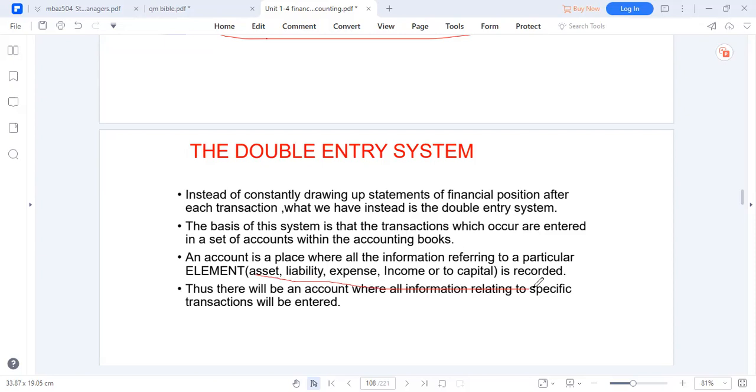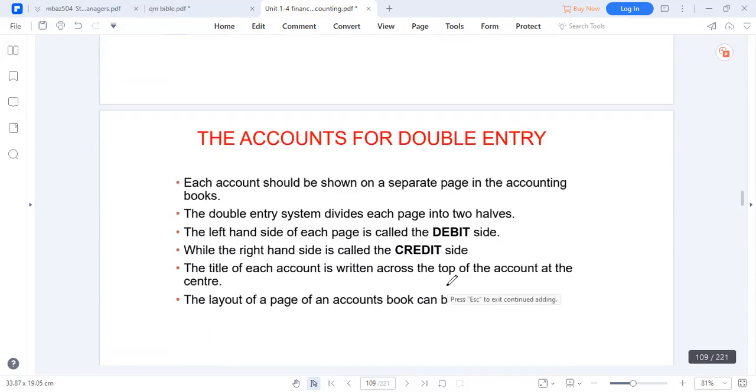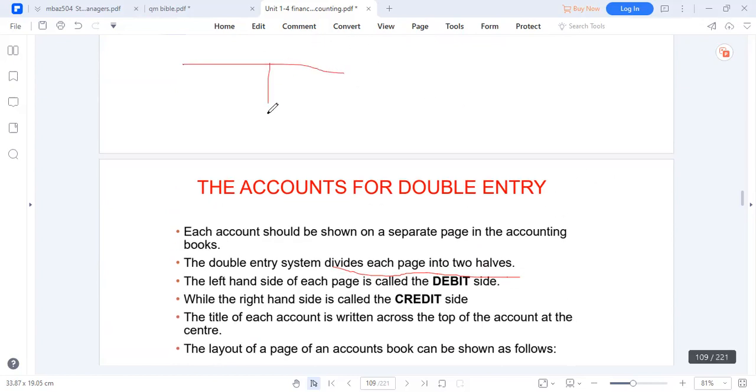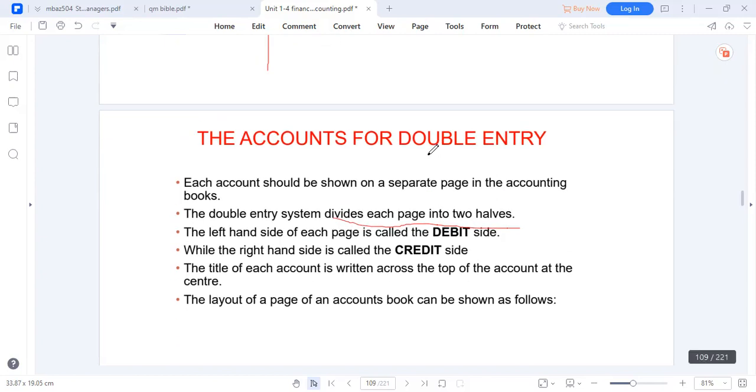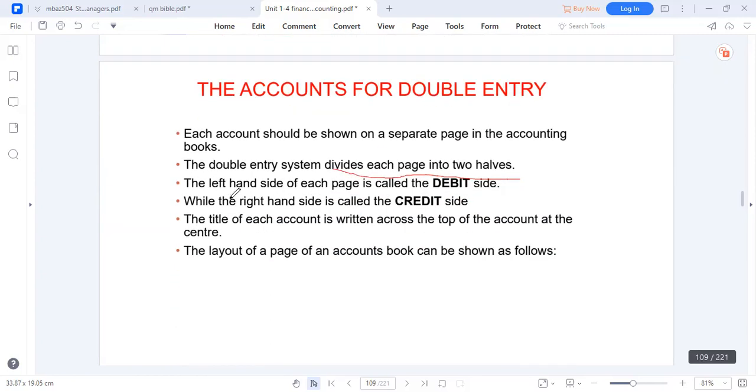Each account should be drawn on a separate page in the accounting books. The double entry system divides the page into 2 halves. The left-hand side of the page is called the debit, and the right side is the credit.